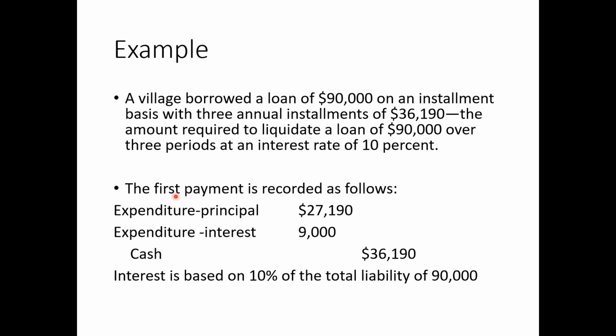Right, so when we pay the first payment, which is $36,190, it includes a principal payment and an interest payment.